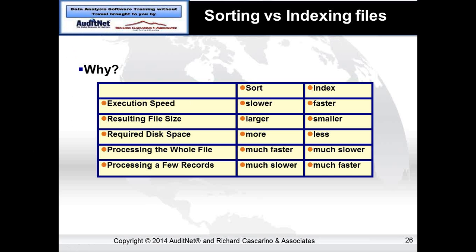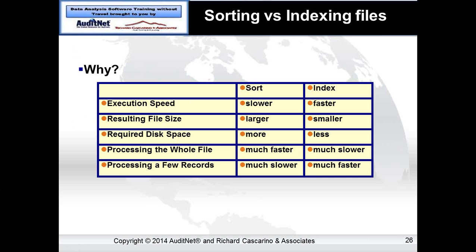If I'm going to process a few records and I have to sort the whole file to do it, then processing a few records is much slower. Whereas with the index, once I've created the index, I can take one and jump straight into that spot on the file.